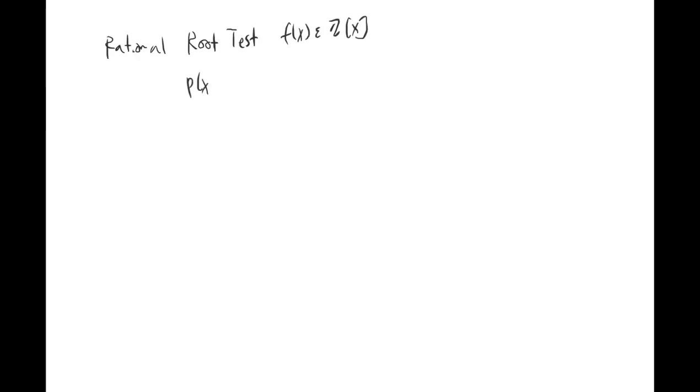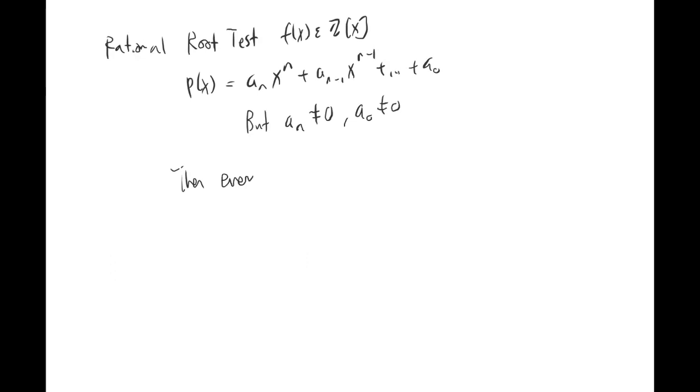If P(x) = a_n x^n + ... + a_0, with a_n not equal to 0 and a_0 not equal to 0, then every root in Q is of the form p over q.